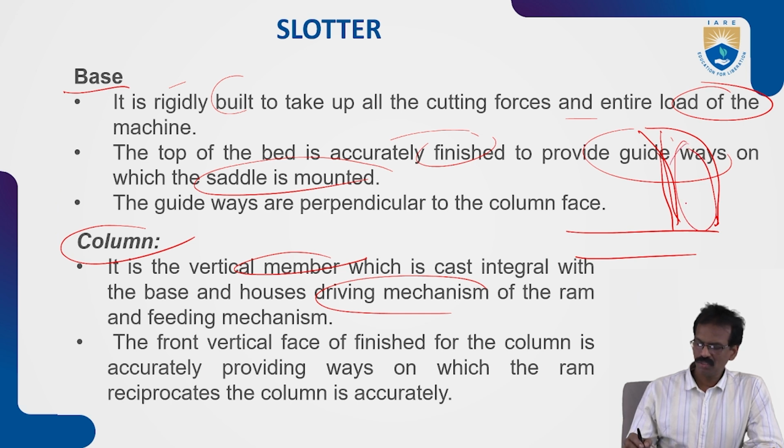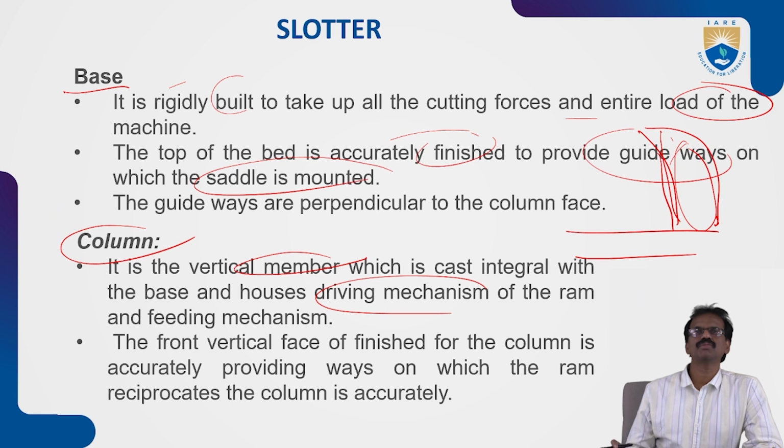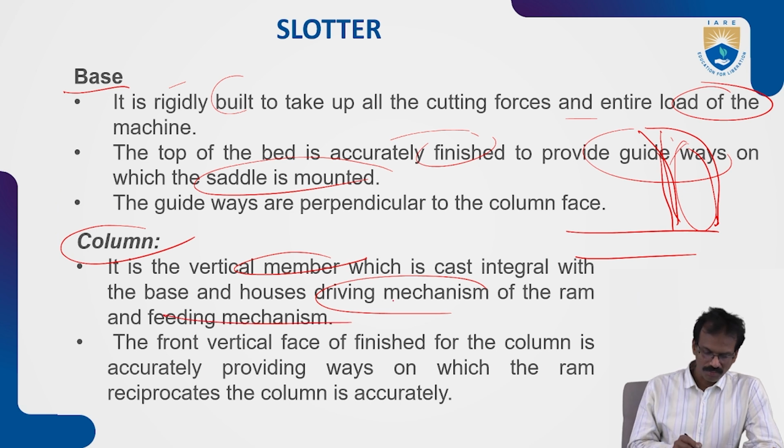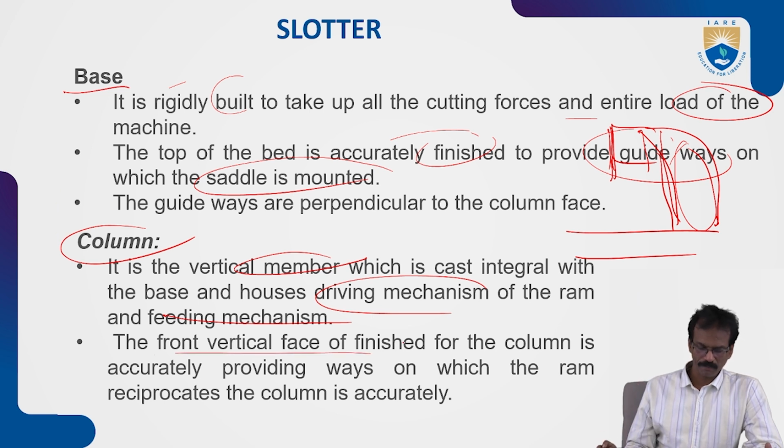You know that this is a hollow space. In this hollow space, there are mechanisms which are used to convert the rotary motion into reciprocating motion of the ram. So the feeding mechanisms and driving mechanisms are provided in that hollow space of the column.